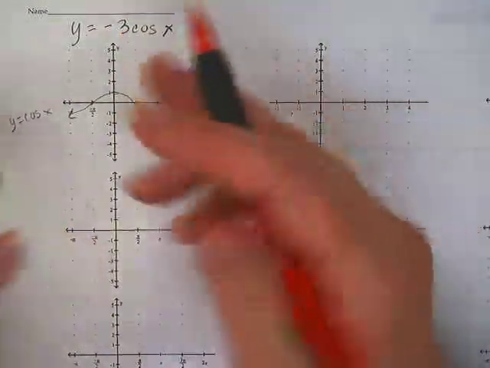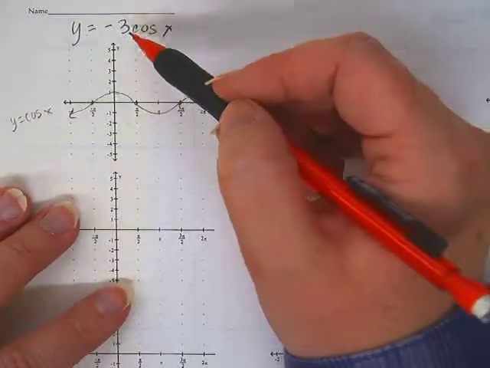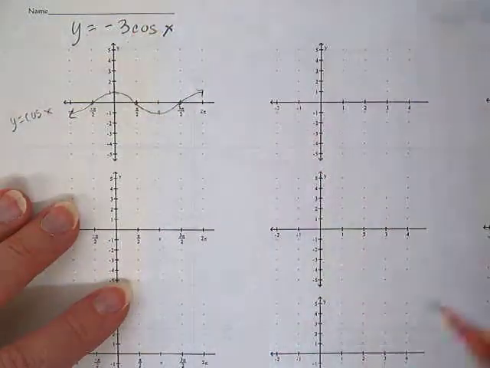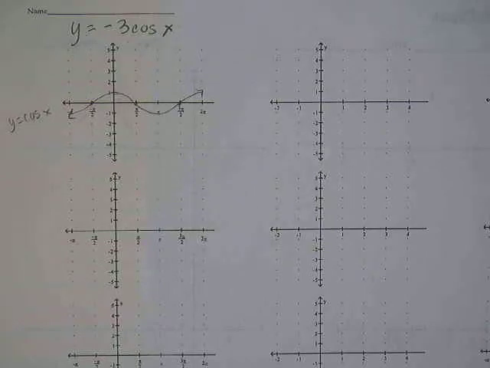And it's an even function because if we fold it down the middle, it's the same on both sides. Anyway, what we're doing right now is figuring out what this -3 does to it. Flips it upside down, good. What else? Makes the amplitude 3 instead of 1. Now notice how I said that the amplitude is 3, not -3, because the amplitude is a distance.